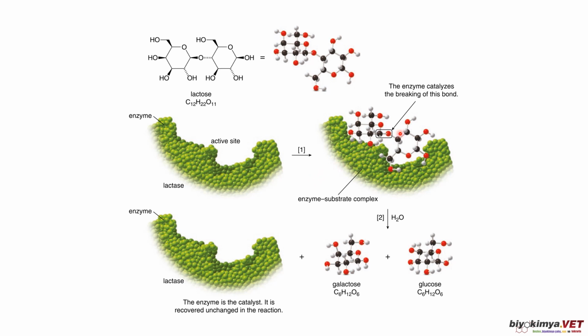So this is the starting material and the products of this reaction. To break the bond, a water molecule is added to the bond. It's a hydrolytic cleavage of the bond by adding water. The products will be galactose and glucose. And the enzyme, which is the catalyst, is recovered unchanged in the reaction. The lactase enzyme catalyzes the hydrolytic cleavage of lactose, and the products are galactose and glucose.